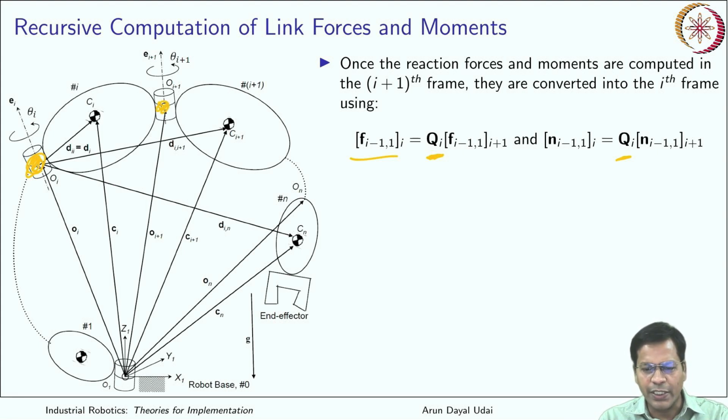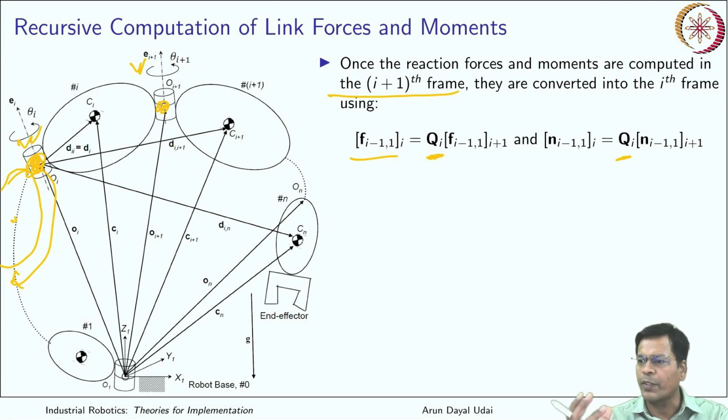Once the reaction forces and moments are computed in I plus 1th frame, that is over here, they are converted to the ith frame. I bring all the forces and moments to this frame. Okay, and then I'll handle the link which comes over here. So again, all the forces and moments will be expressed here. Do everything and bring it here. Likewise, you have to keep moving backward.